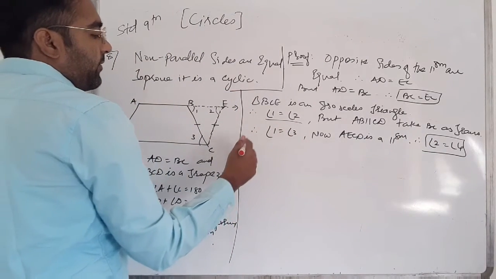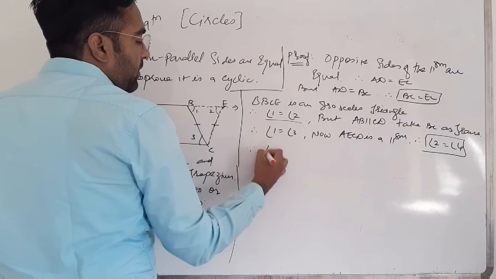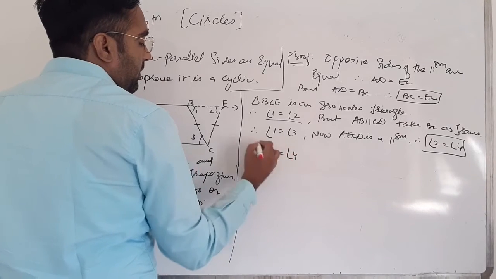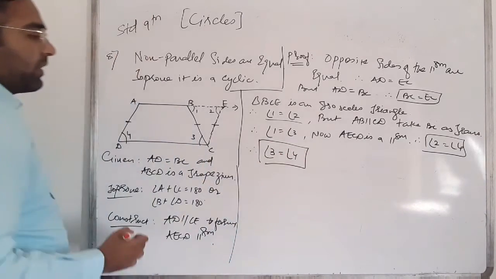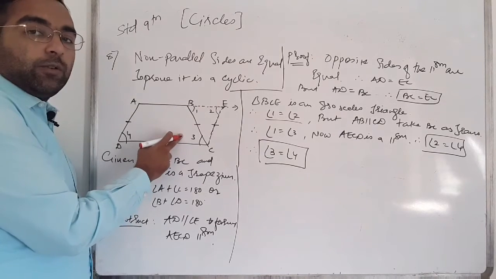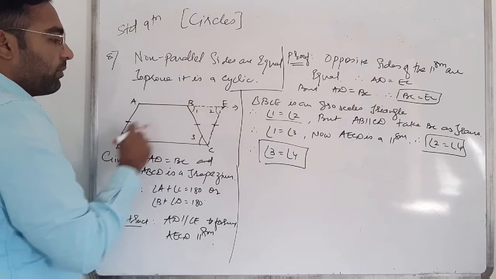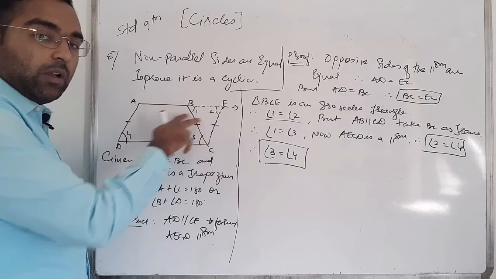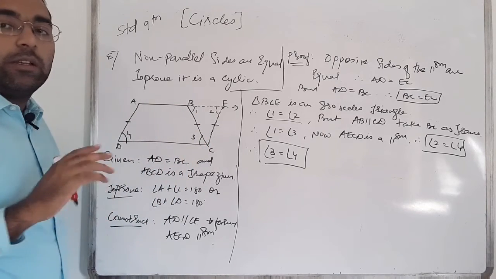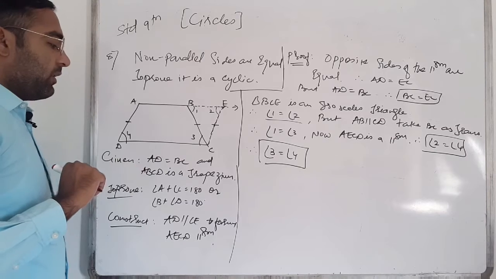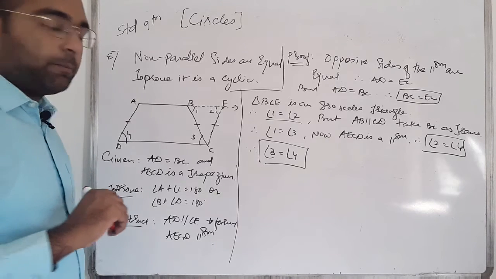So therefore angle 3 is equal to angle 4. Both of them are equal, so I write that angle 3 and 4 are equal. Clear that?